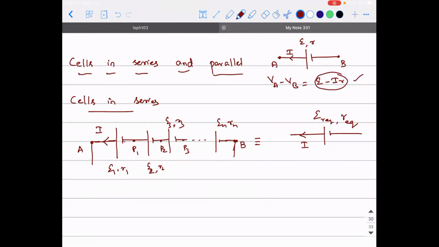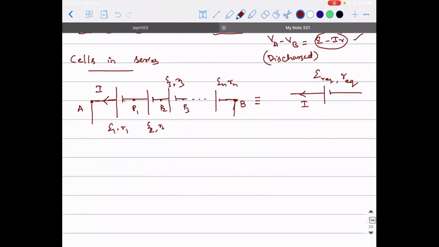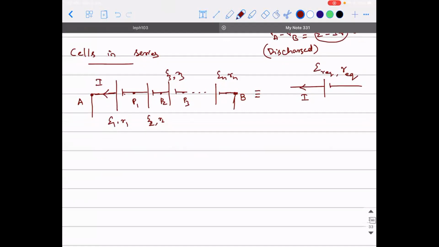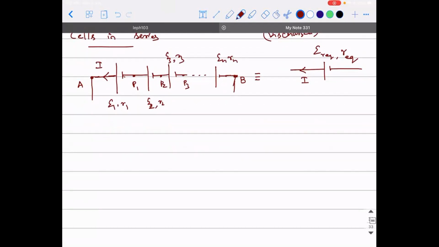I told you there is a terminal potential difference across the ends of the cell when the cell is getting discharged. You remember, right? Now, when do we say the cell is getting discharged? When the current is away from the positive terminal, we call it discharged.